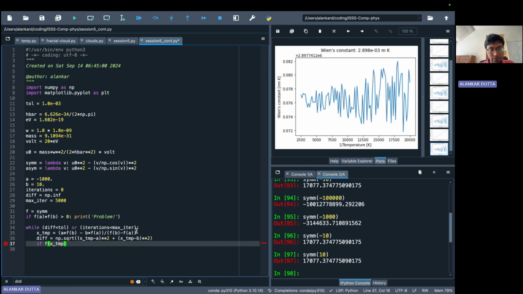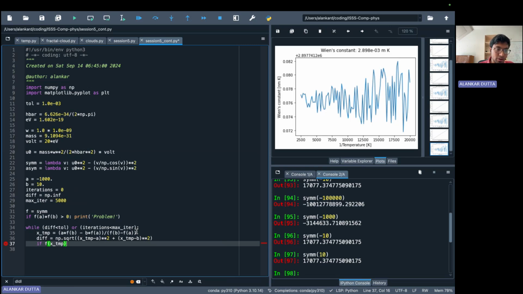And we see what the sign of it is. The idea here is that whatever the sign of f of xtmp, if it matches with f of A, then A will be replaced by xtmp.